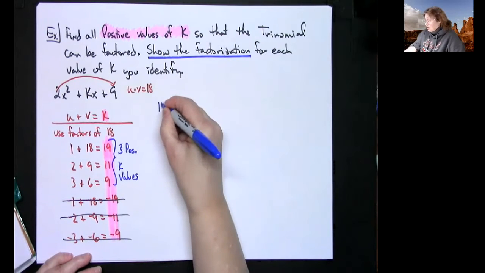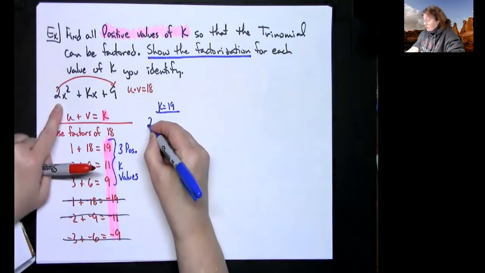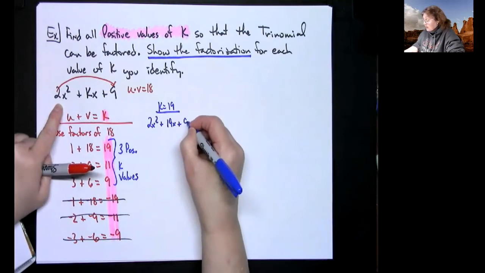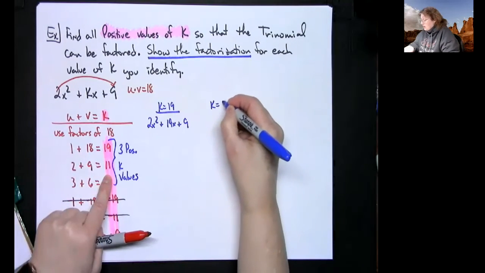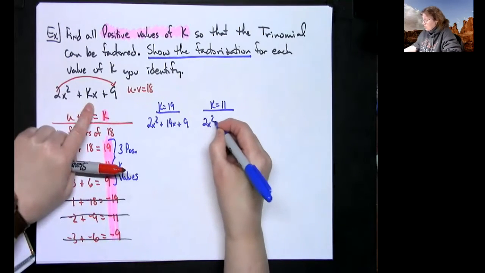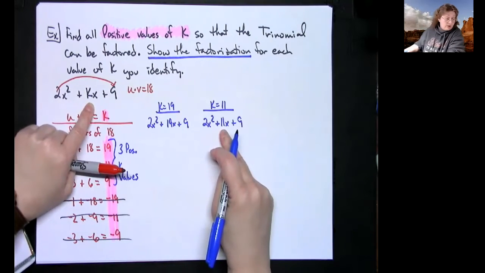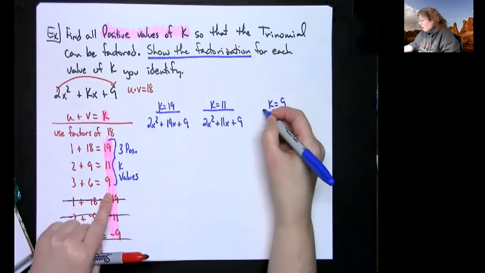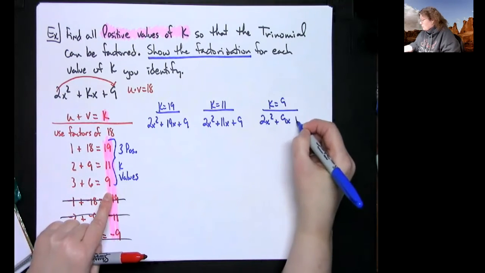When k is 19, the problem is 2x squared plus 19x plus 9, and then you need to factor it. When k is 11, I have 2x squared plus 11x plus 9. When k is 9, I have 2x squared plus 9x plus 9.